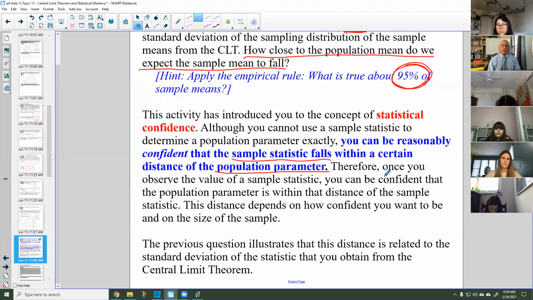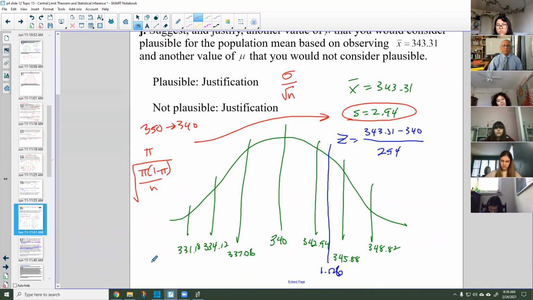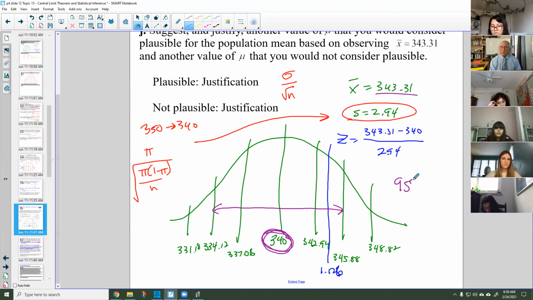So what I want you to get from this, and I wouldn't expect it to show up on the next test, is that if I hypothesize a mean, in this case 340, and my sample, which was 331, falls within 2 standard deviations of that mean that I have hypothesized, then I can say I am 95% confident that the mean I hypothesized is somewhere between 334.12 and 345.88.